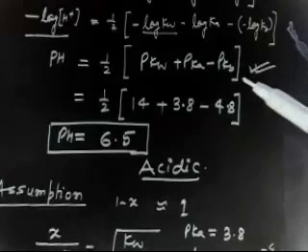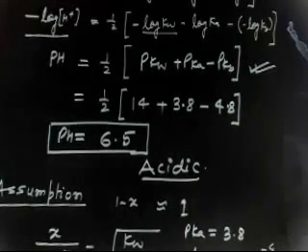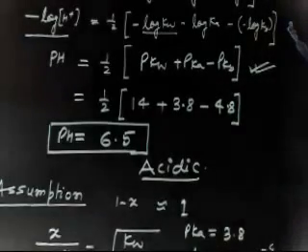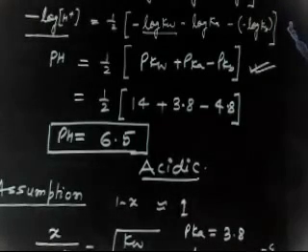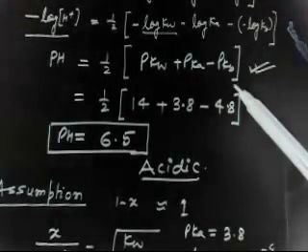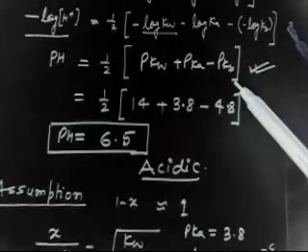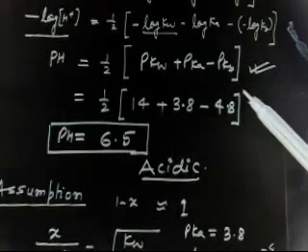If this is a question asked in an exam, you simply remember pH will be half of pKw plus pKa minus pKb. This result is slightly useful to remember. One thing is that pKb will be minus, the other will be simply plus. Are you getting? So you see why we have a minus.